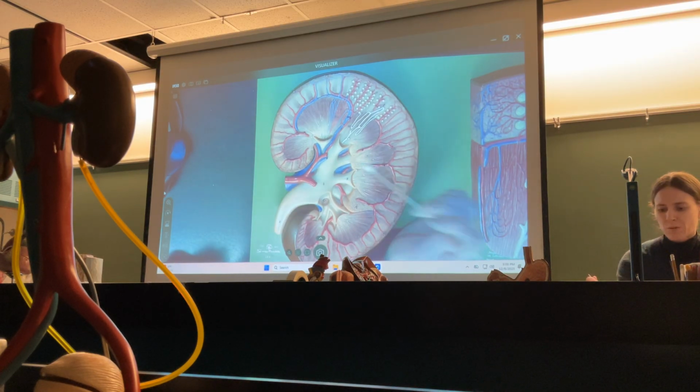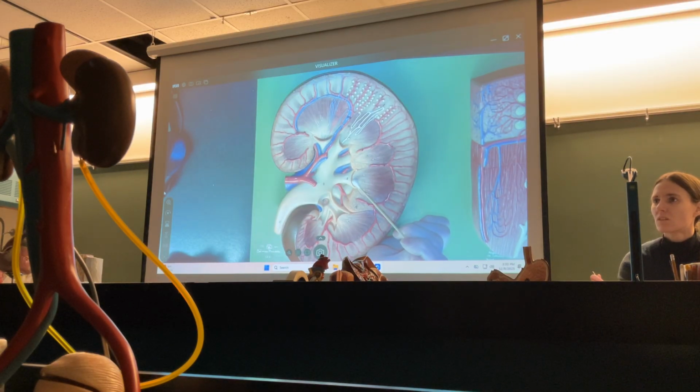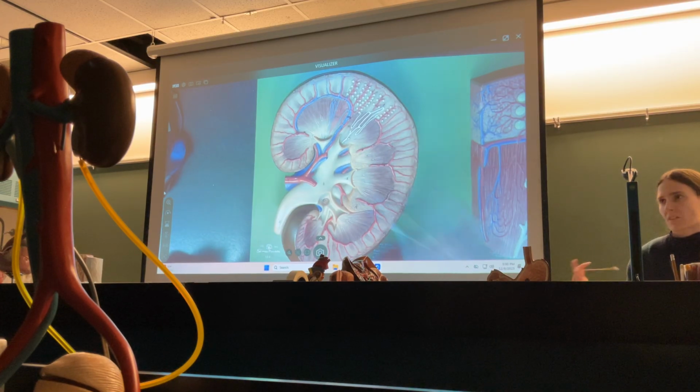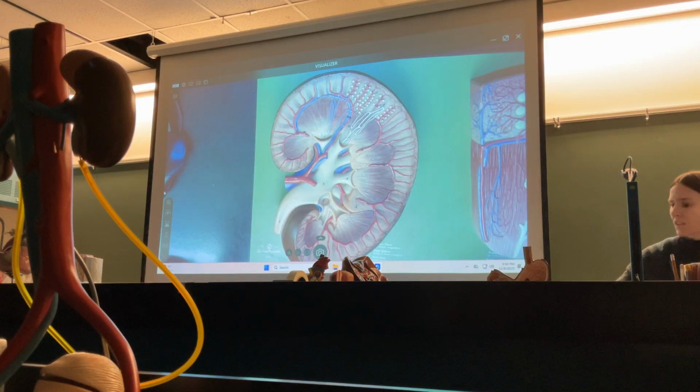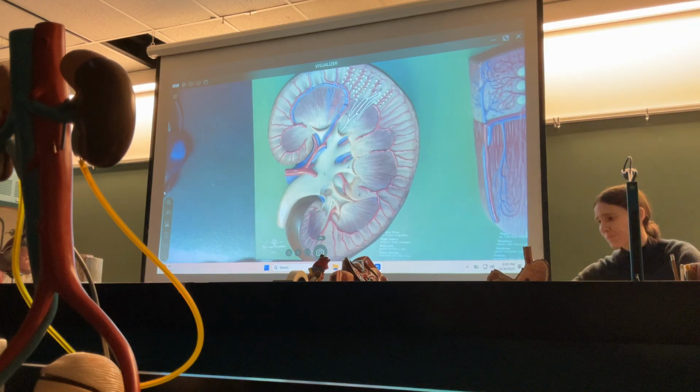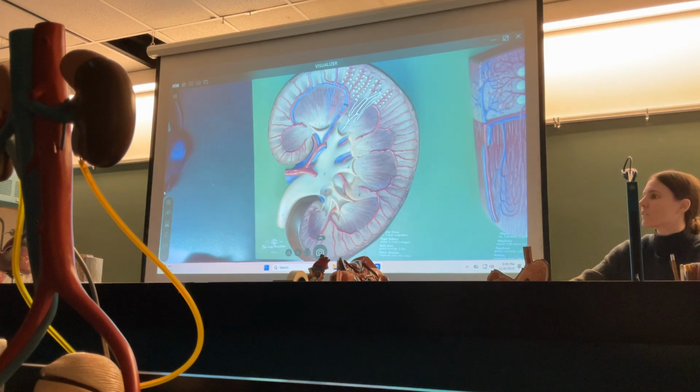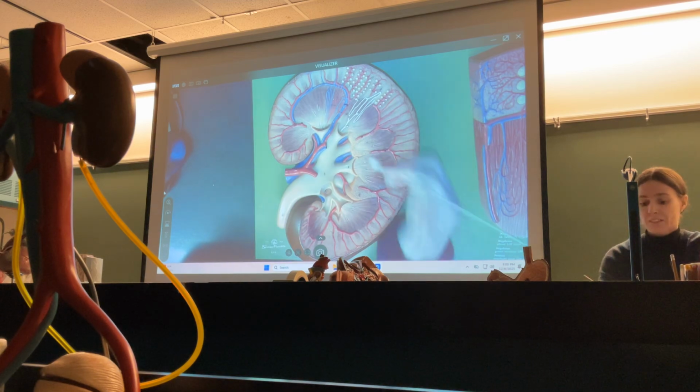So, what are the tips of the pyramids called? The renal papilla. Yeah, exactly. After filtrate is created within the renal corpuscle, minor calyx, exactly.